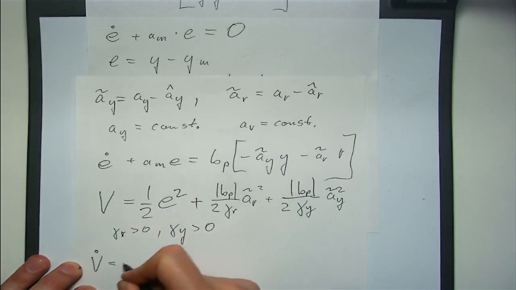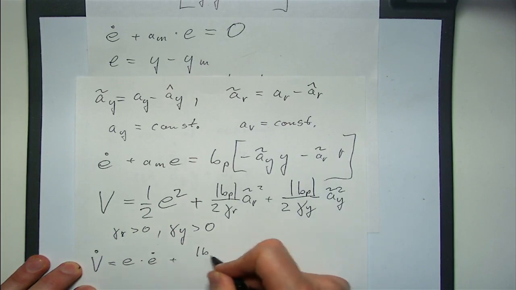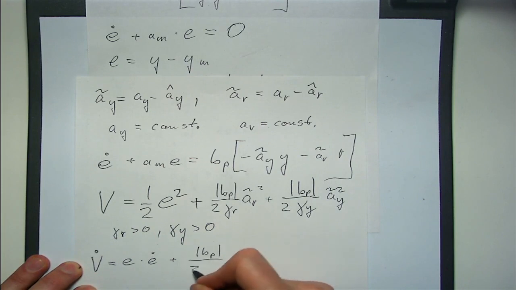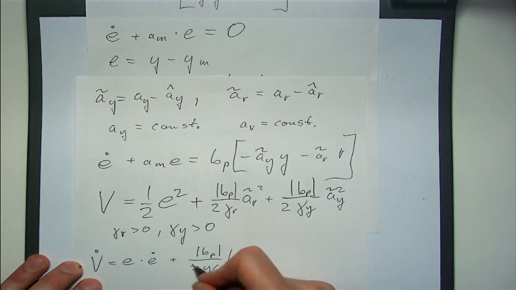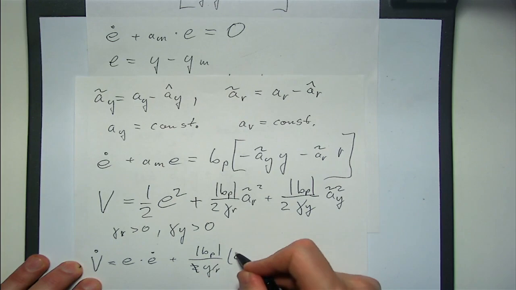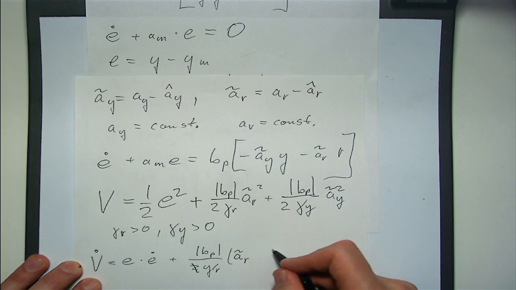So we have to have here E times E dot plus BP over gamma R. And here we need to be a bit careful now. So we have there, sorry, the 2 is gone. We have a tilde R there. And, right, too many brackets now, sorry for this.